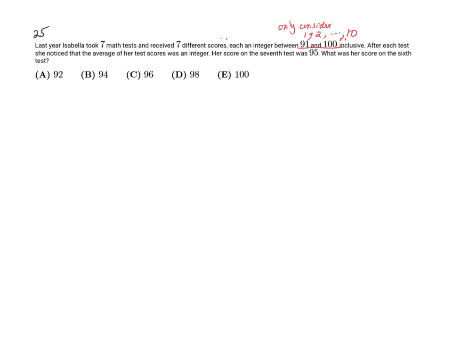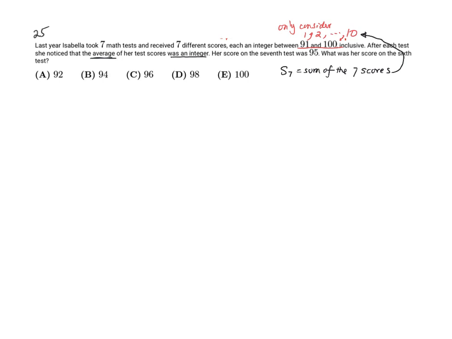Now, first of all, we do know that the average was an integer. So in other words, I'm going to use S7 to represent the sum of those 7 scores. Again, I only consider 1 to 10. I skipped the 90, so 7 of those scores.